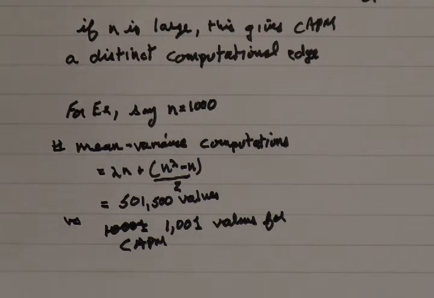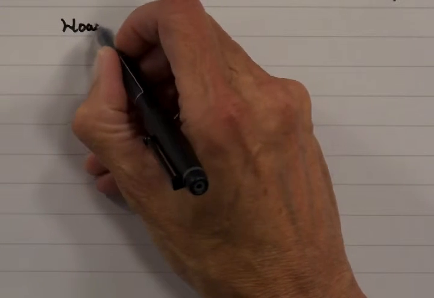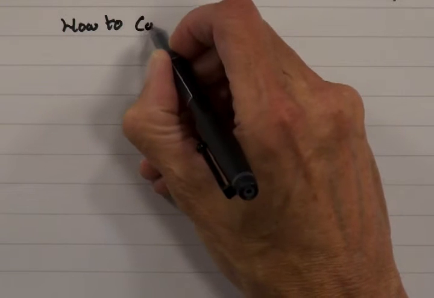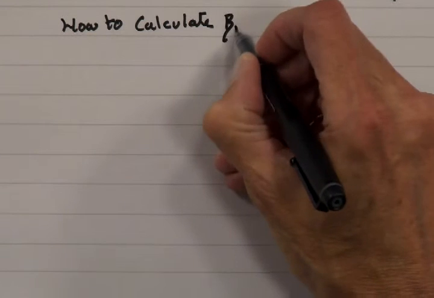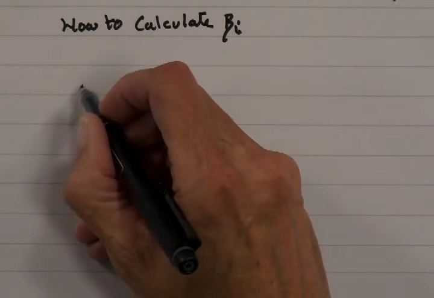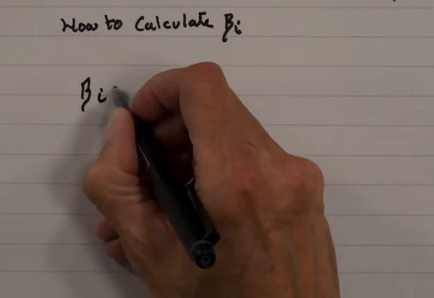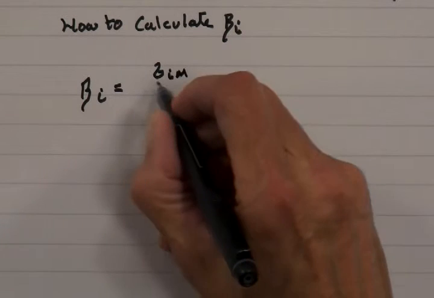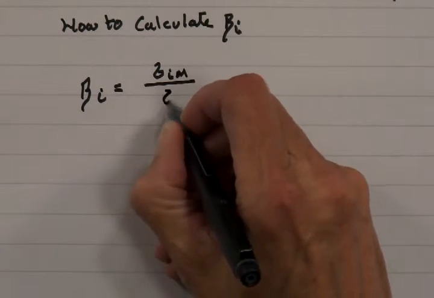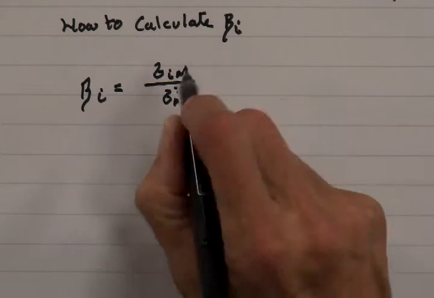Okay, now, how do we calculate beta I? Beta I is critical. Beta sub I, for asset I. We'll say that beta sub I equals the covariance of asset I with the market portfolio over the variance of the market portfolio.